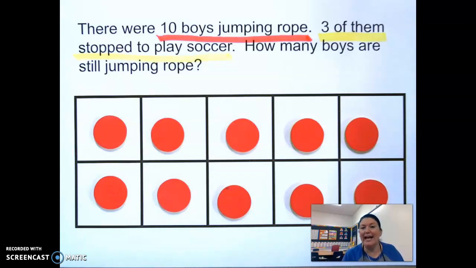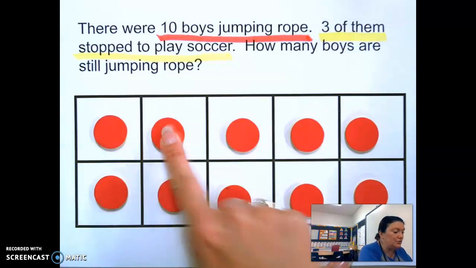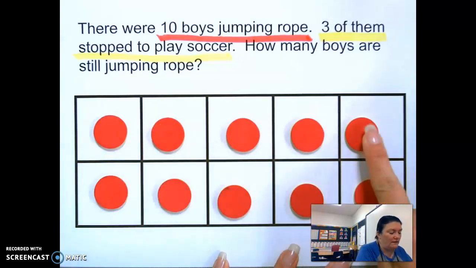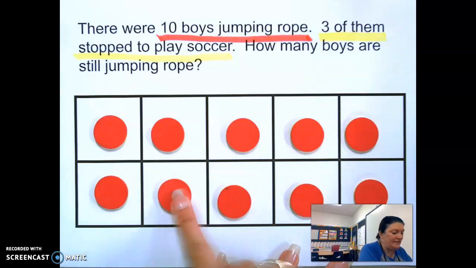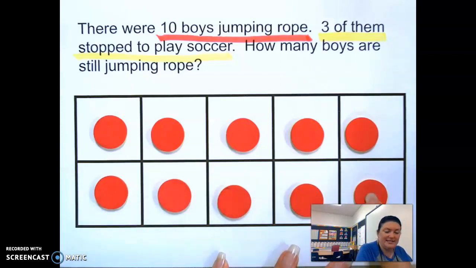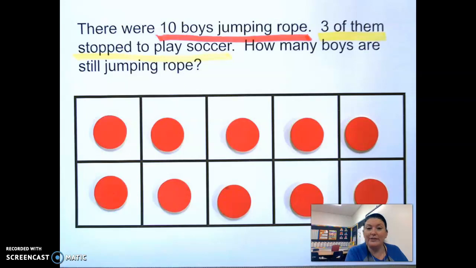So if there were 10 boys, I know that all I needed to do was put 1 counter in each of those spots. I didn't have to count 1, 2, 3, 4, 5, 6, 7, 8, 9, 10 to know that that was 10 because a 10 frame already has 10 spaces.